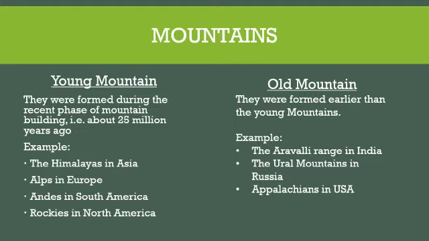And important examples of old mountains are the Aravalli Range in India, the Ural Mountains in Russia, and the Appalachians in USA. You can judge that old mountains do not have sharp peaks and young mountains have sharp peaks. These are the major differences between young and old mountains.